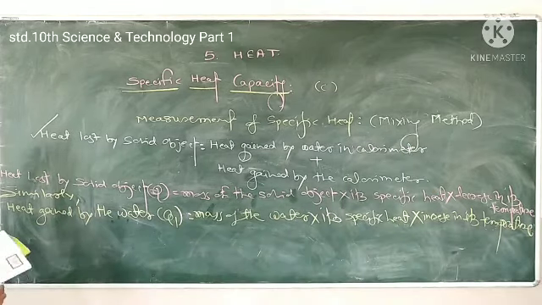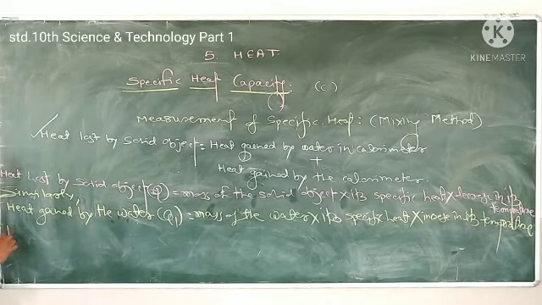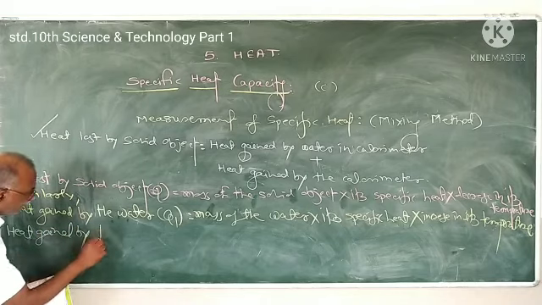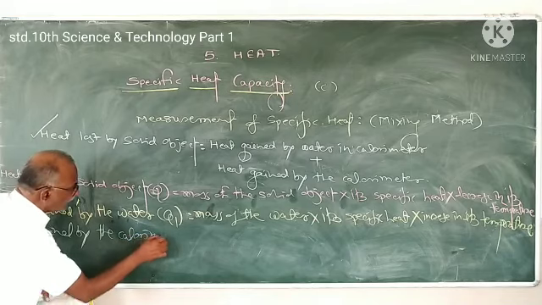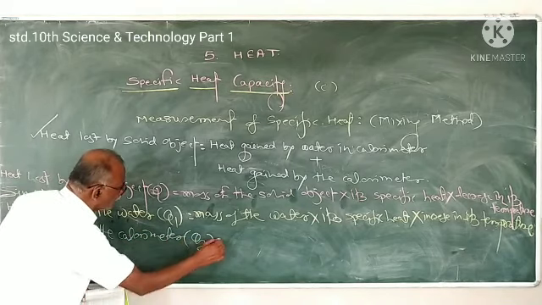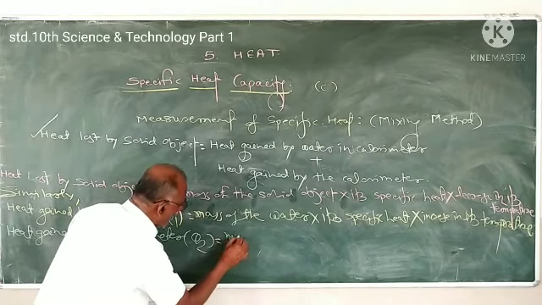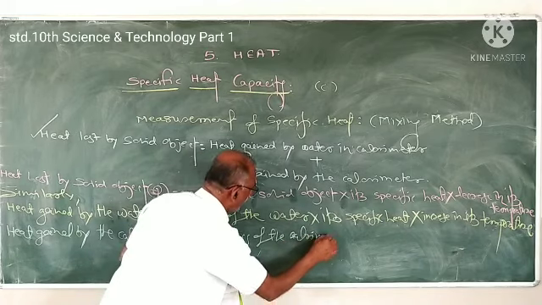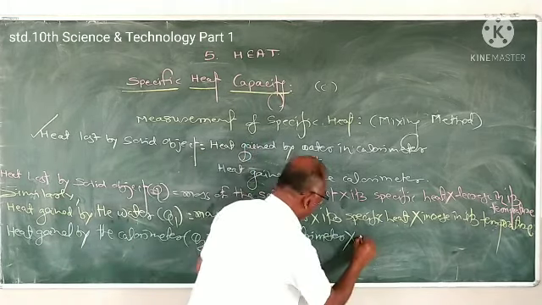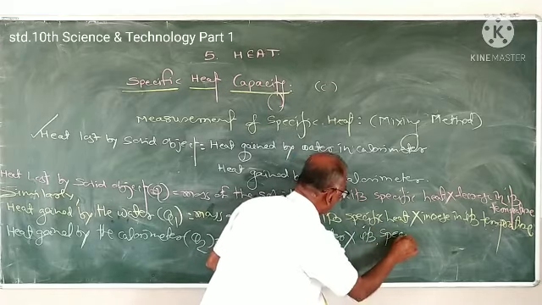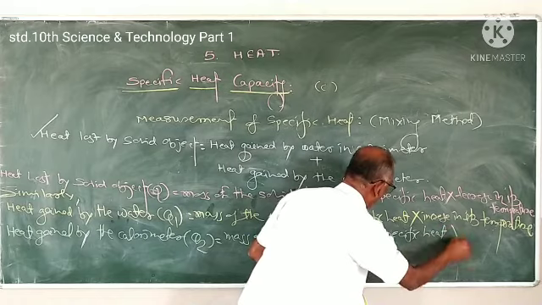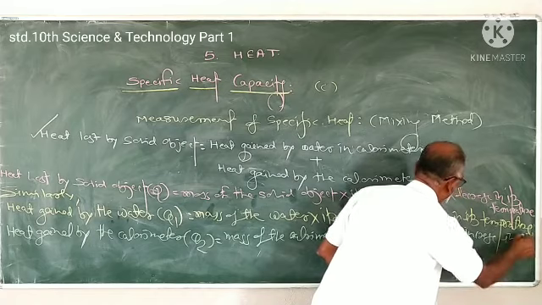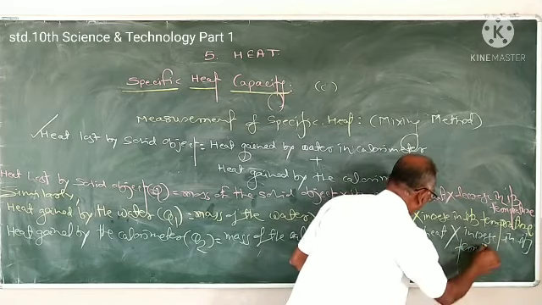And then heat gained by the calorimeter, Q2, means mass of the calorimeter into its specific heat and into increase in its temperature.